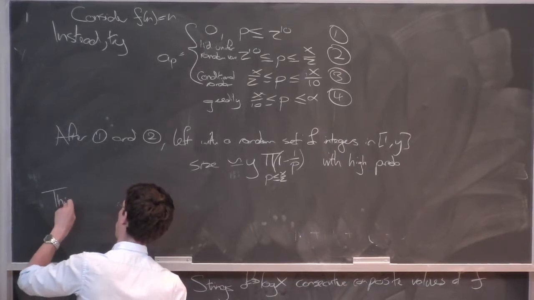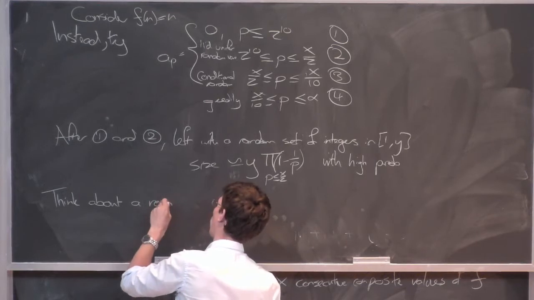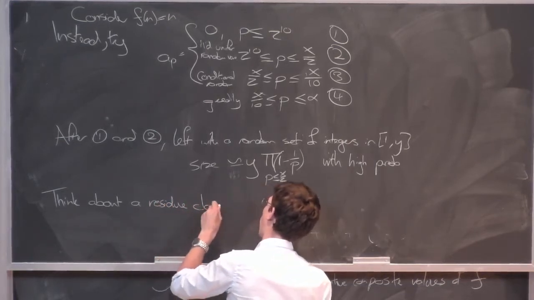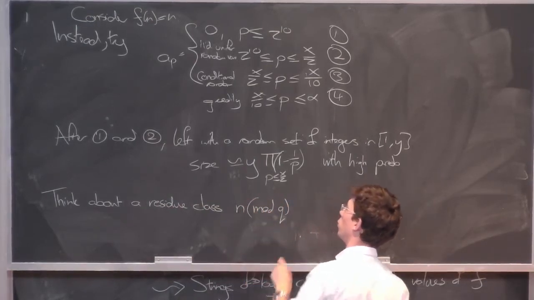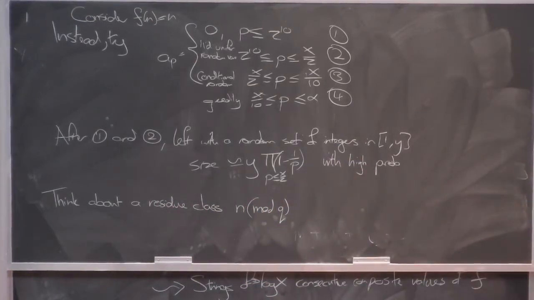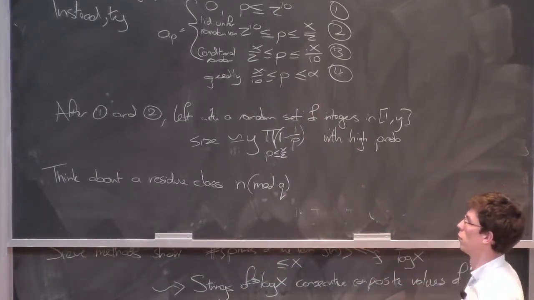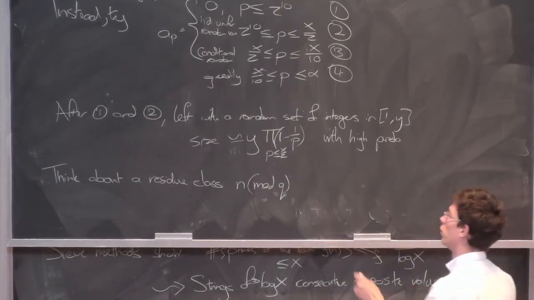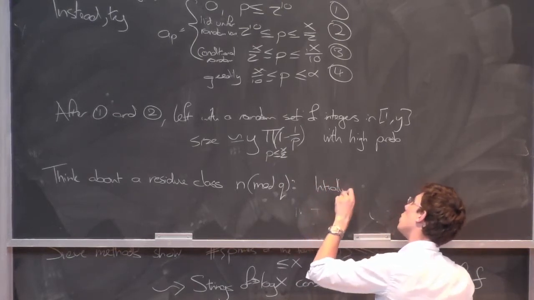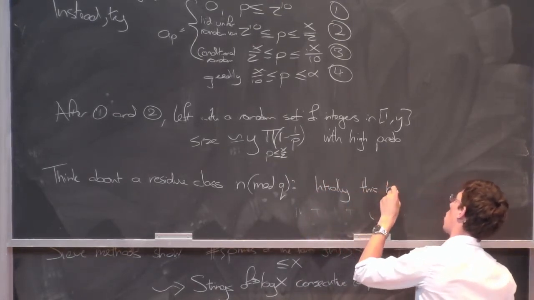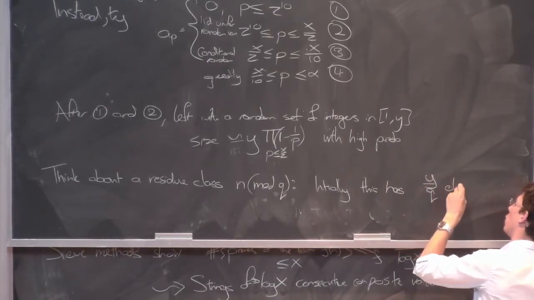So let's think about this, and I'll call these large primes Q just to distinguish them from generic primes. So Q will be a prime in the range x over z to x over 10. And think about just one residue class n mod Q. So initially, this has about y over q elements.